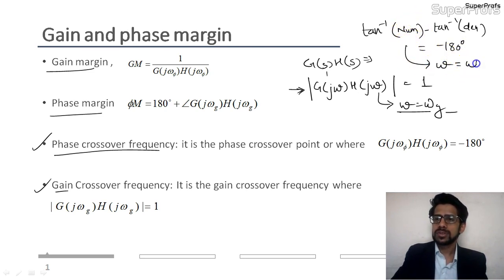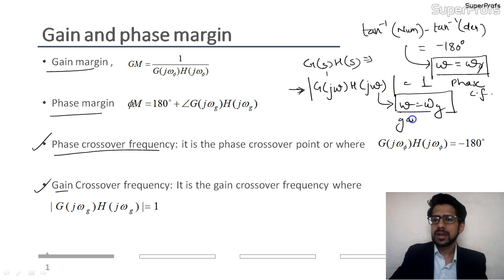This omega should be equal to omega p or omega phi. This is known as phase crossover frequency, and this is known as gain crossover frequency. So this is how you calculate gain crossover frequency and phase crossover frequency.